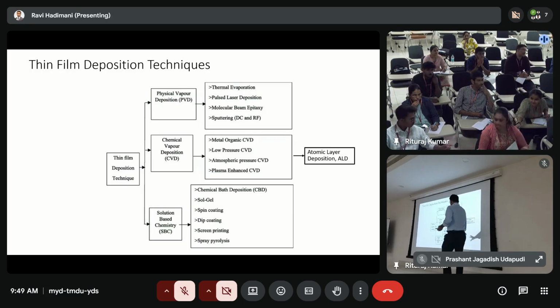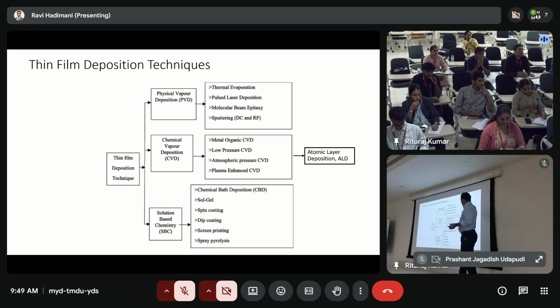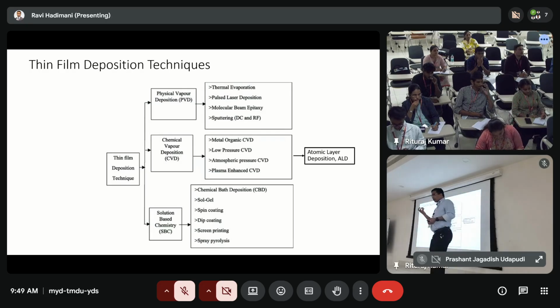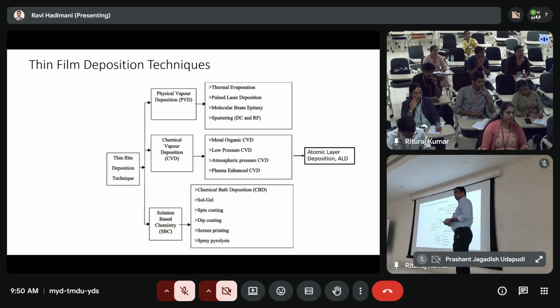And then you have physical vapor deposition, which is by physical phenomena. What that means is you either evaporate the material, or you use a laser to ablate it, or you use some electron beam or some ions to eject the atoms from a target.